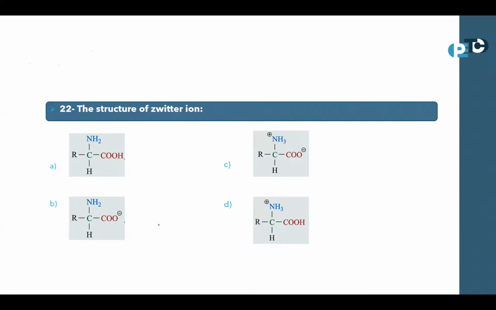Let us first understand what Zwitter ion means. A Zwitter ion is an ion that contains positive and negative charges at the same time when present in a neutral medium. So here we have 2 charges at the same time, positive and negative. This is the Zwitter ion.